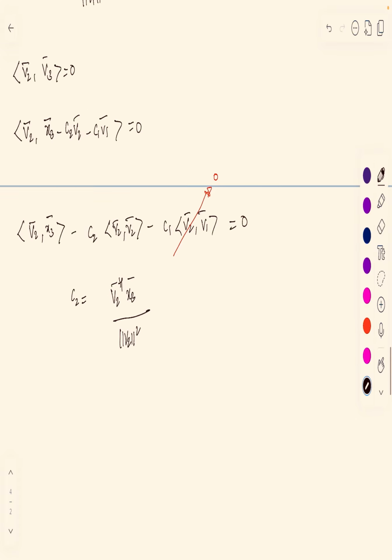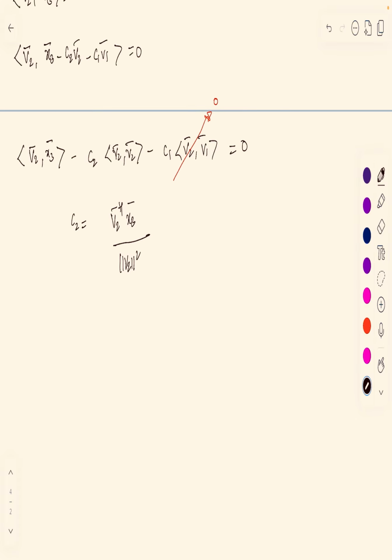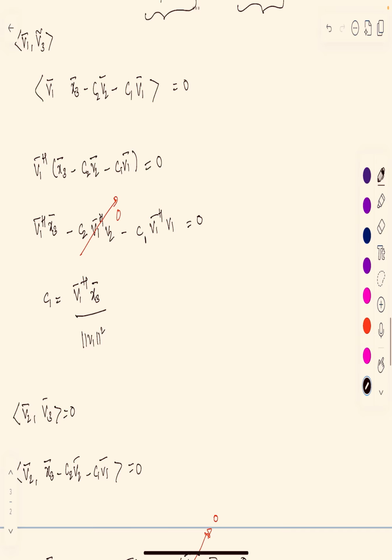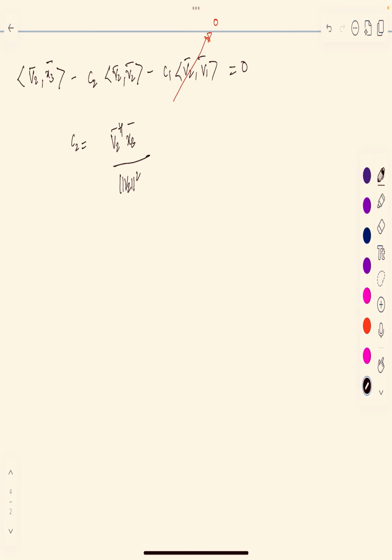So in general, now we have figured out C1 and C2. I'll write a general equation for Vn. Okay, so what is the general equation for Vn? The way I define Vn is xn bar, obviously, minus, let's look at the common pattern.